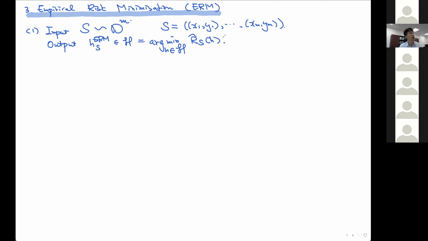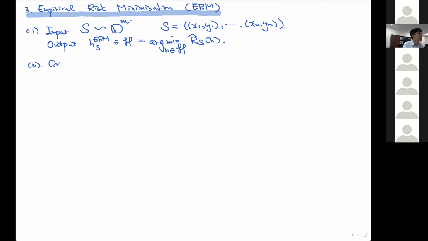And now we want to analyze this algorithm. One thing we want to do is to analyze its estimation error, and say something rigorous about it. What was the estimation error?